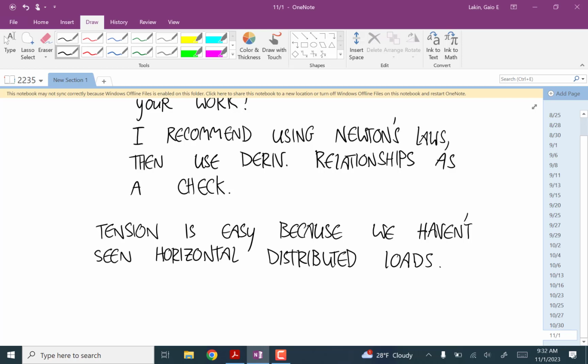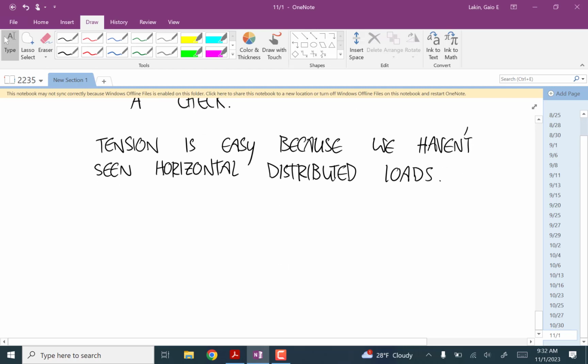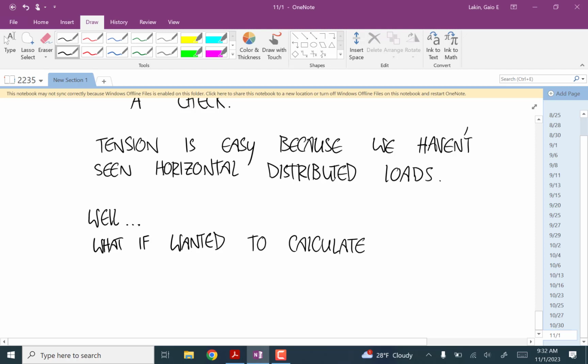But when you see horizontal distributed loads, the most obvious place you would see it is, well, what if you wanted to calculate the internal loads in members of a structure?